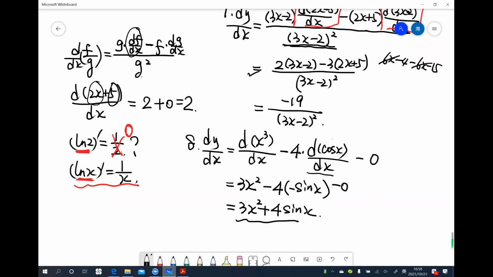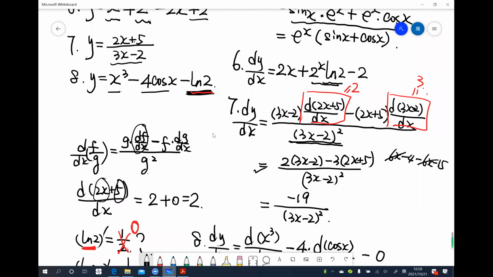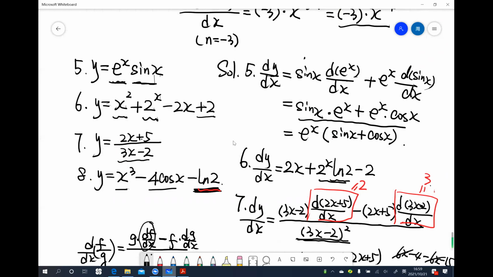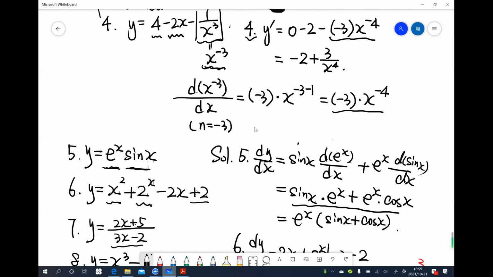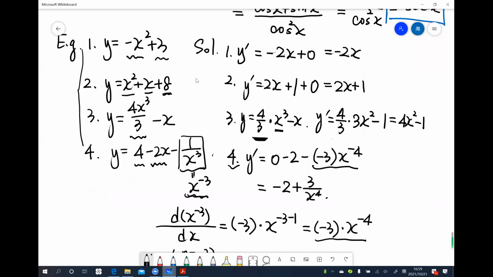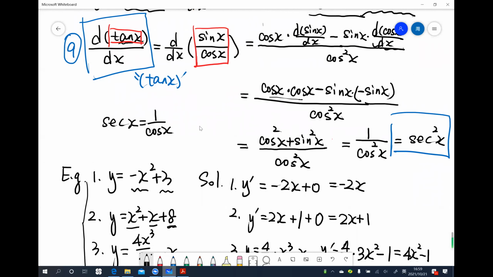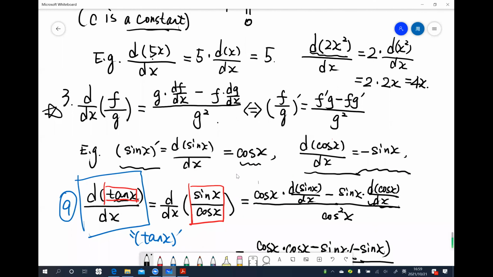And then we have learned the geometric meaning of the derivative. That means the tangent slope at a point of the function, right? And finally, we have learned the differentiation rules. They are very important because we will use the rules to calculate some complicated functions.